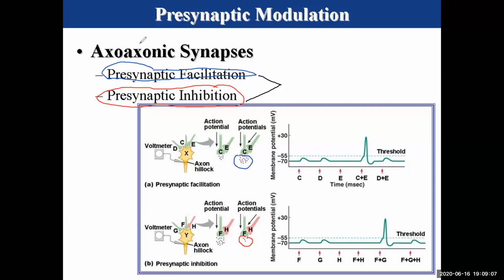The interaction is called axo-axonic, between two parts, from the axon of E to the axon of C. Specifically in this case, the axon terminal of neuron E interacts with the axon terminal of neuron C. The axon terminal of neuron H interacts with the axon terminal of neuron F. So the space between F and H, and the space between E and C, that's a synapse, and that synapse is axo-axonic.